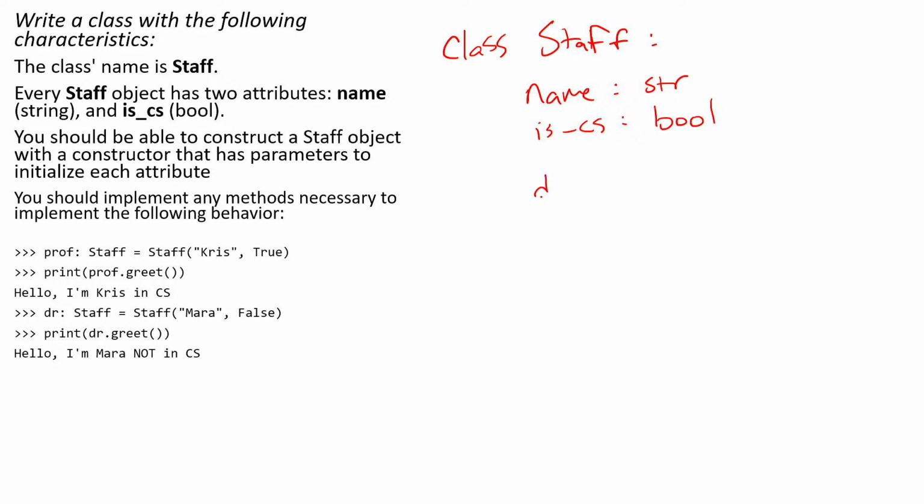We know that we need to define a constructor that is named init, surrounded by two double underscores on each side. That's going to have self, and then it's going to have a parameter for each of our attributes. So name is a str, and isCS is a bool.